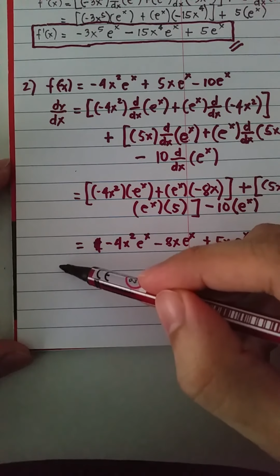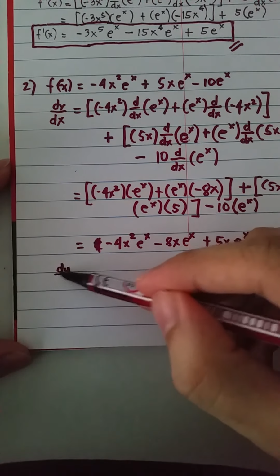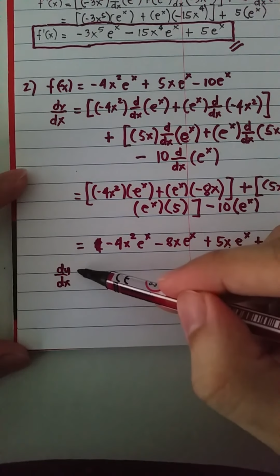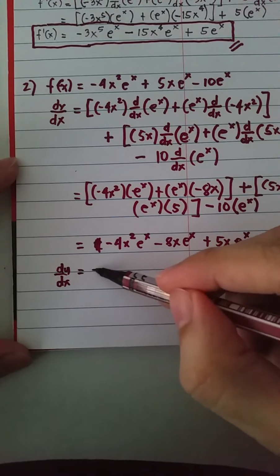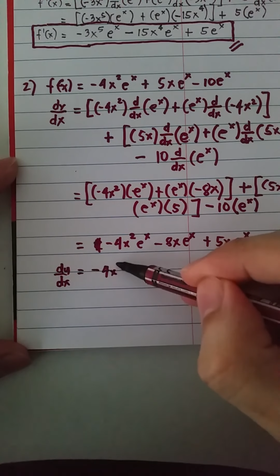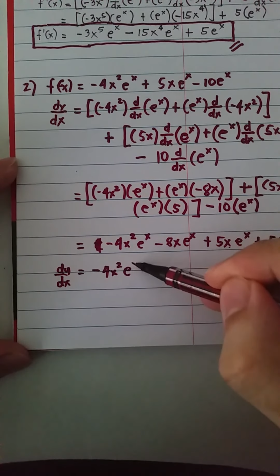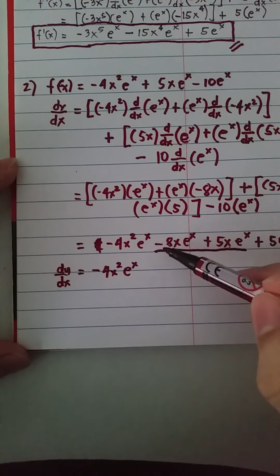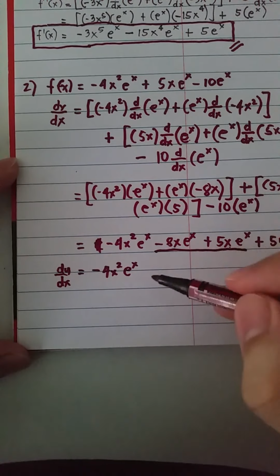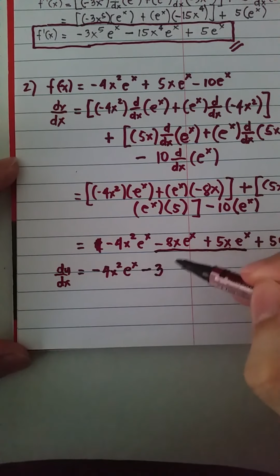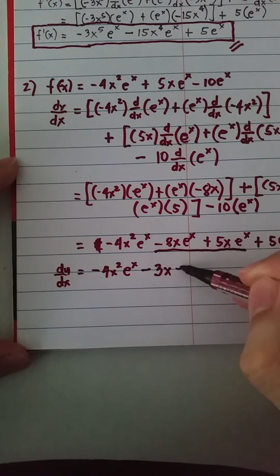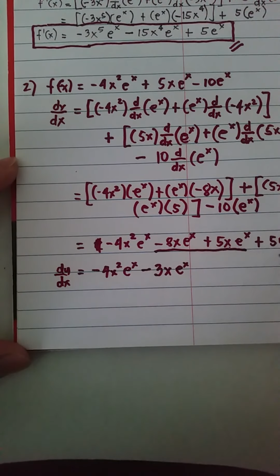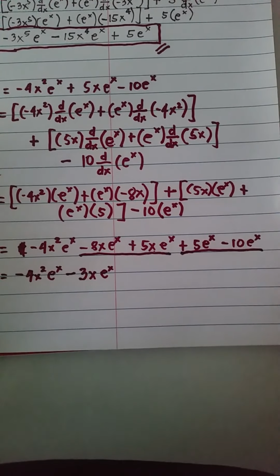So the derivative of the function is equal to negative 4x squared e to the x. When you combine these two, this is negative 8 plus 5, that's a negative 3. Copy x and copy e to the x. Here, positive 5 minus 10 is negative 5.